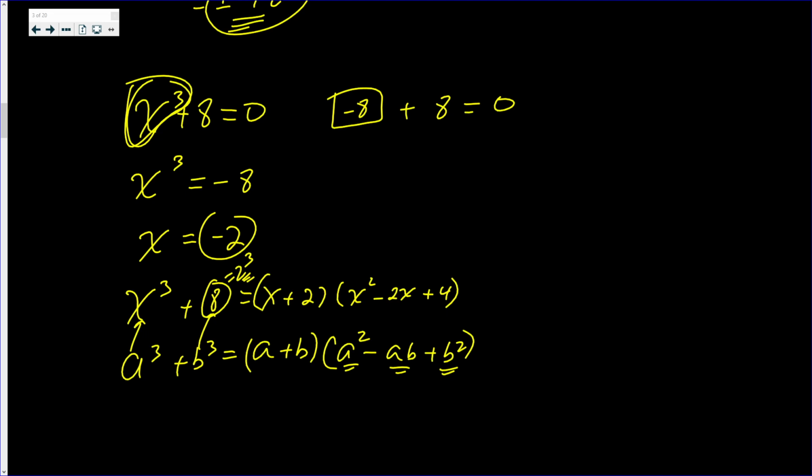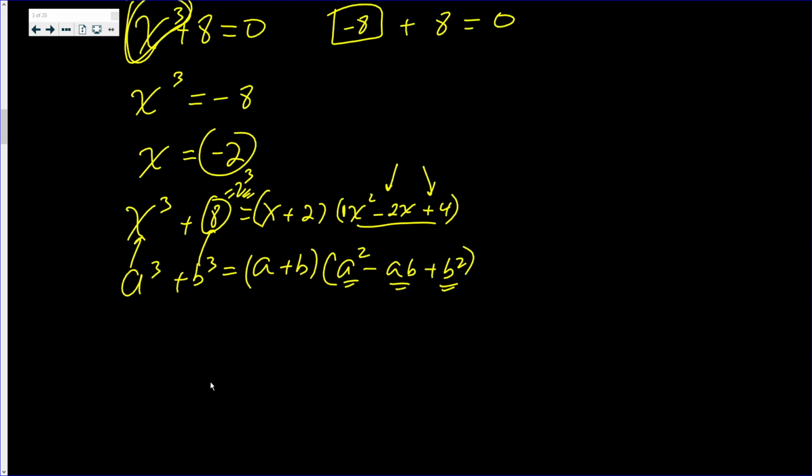Okay, so now we're down to a quadratic. There's an understood 1 here. Can you think of 2 numbers that multiply out to 4, but add up to -2? Personally, I can't. Well, C is 4, B is -2, A is 1.